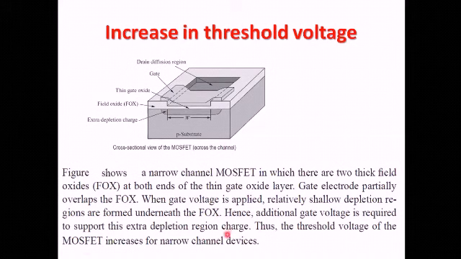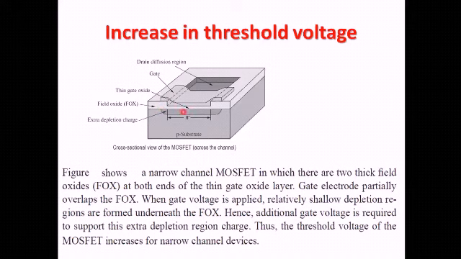This happens because the thick field oxide, FOX, is situated at both ends, and the gate electrode partially overlaps the FOX. When the gate voltage is applied, a shallow depletion region is formed under this layer.